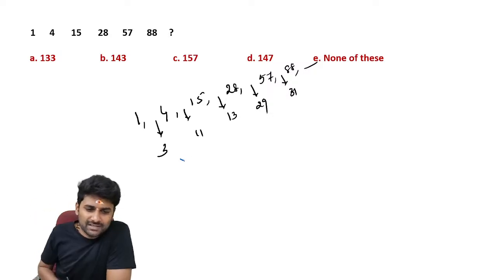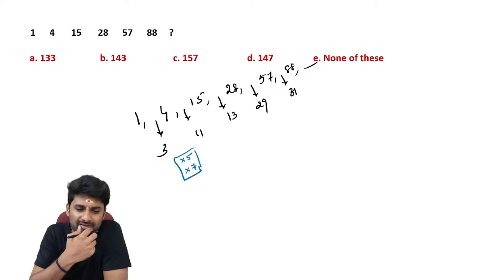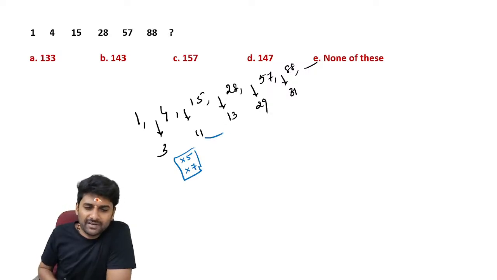After 3, they did not consider 5 and 7. Then they consider 11. After 11, immediately 13. After 13, they did not consider 17, 19 and 23. So 3 prime numbers they did not consider.